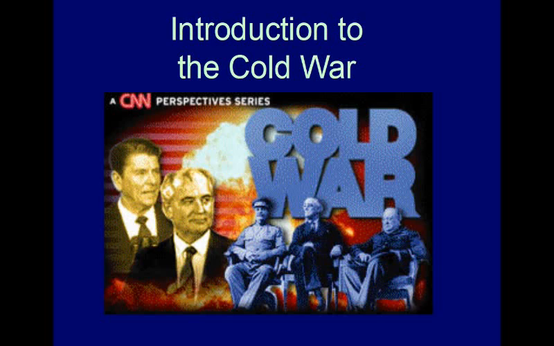Why? Because we have the five main protagonists, the five main characters of the Cold War. You can see, on the right, Joseph Stalin, the Soviet dictator, Roosevelt, the American president, and Winston Churchill, the British Prime Minister.